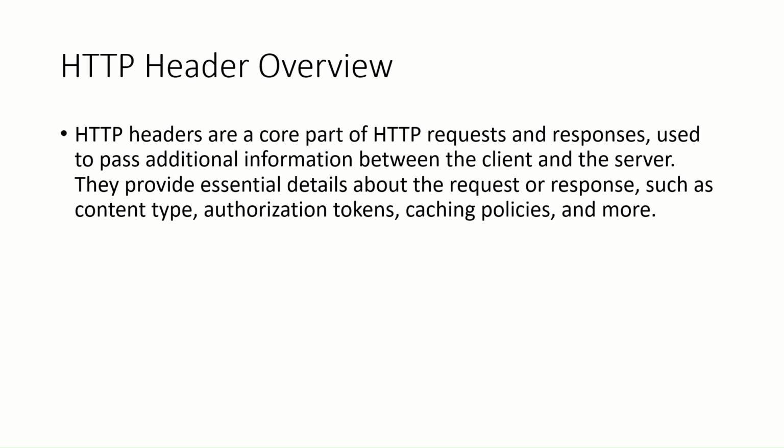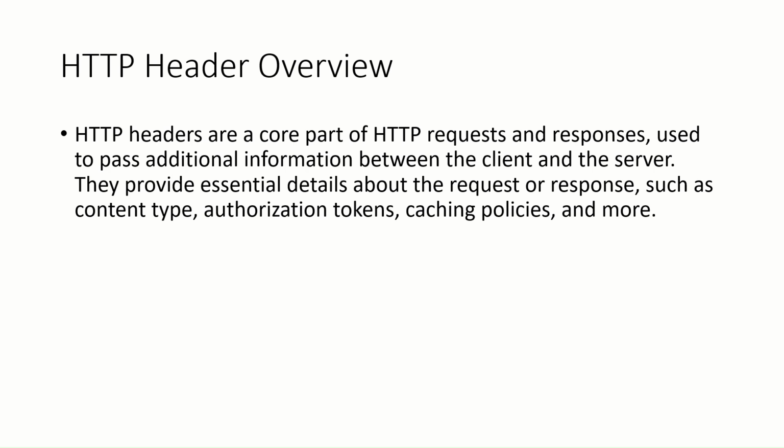Similarly, the front end can send some information to the back end API in the form of HTTP headers, so that according to the value set in the HTTP headers, the back end can work. Let's say a front end sets one additional field in the HTTP headers called flag. If the flag is true, the backend should work in one way.